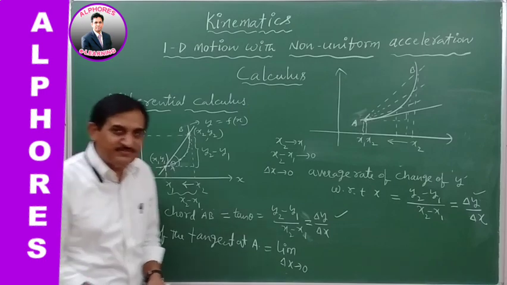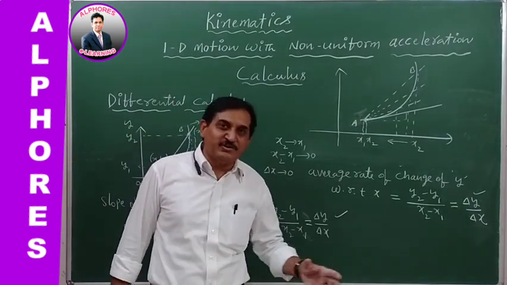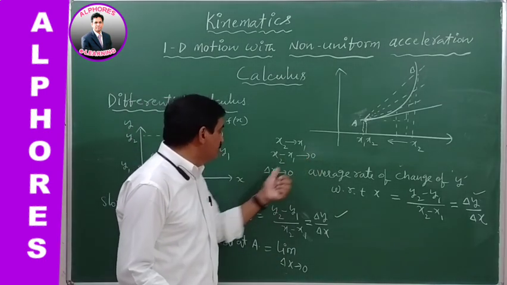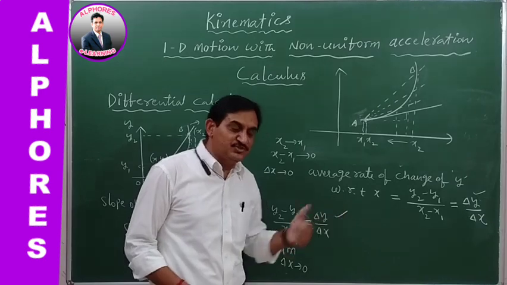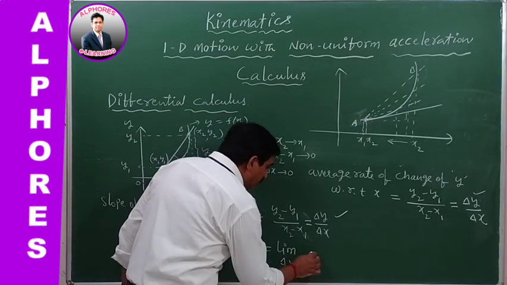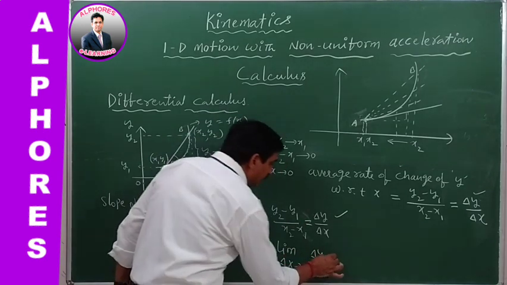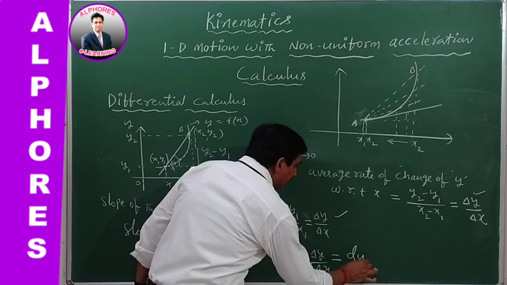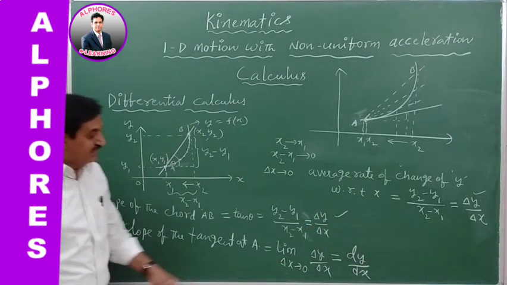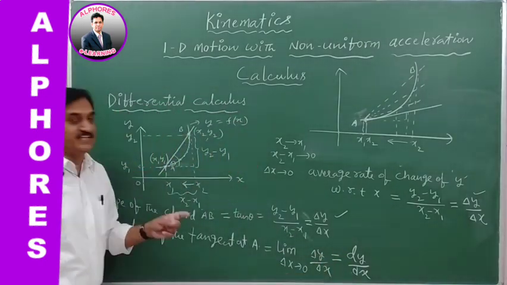Under what condition are we taking this limit? The condition is x2 is very close to x1, therefore x2 minus x1 tends to 0, delta x tends to 0. If delta x tends to 0, delta y by delta x leads to dy by dx. dy by dx is the slope of the tangent.